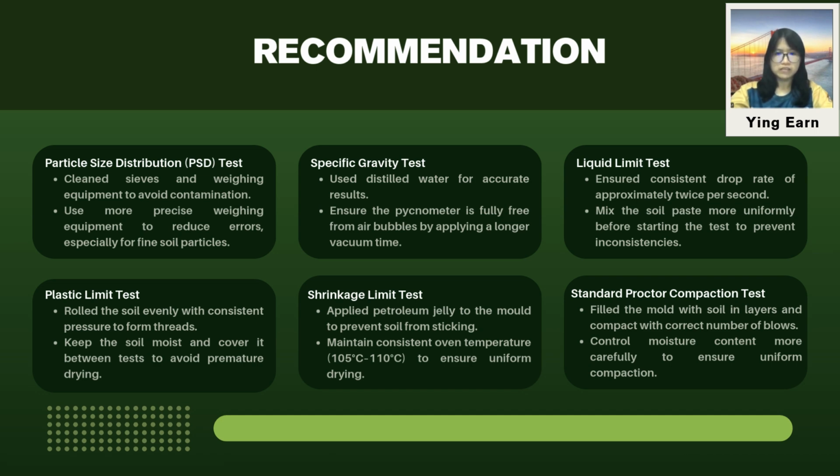Finally, in the standard Proctor compaction test, we filled the mold with soil in 3 layers, and we compacted each layer with the correct number of blows, which is 25 blows. But it is important to control the moisture content more carefully to ensure the compaction process is uniform.